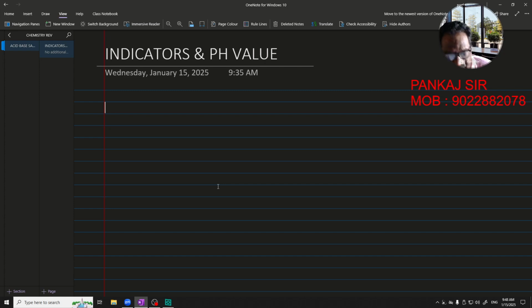So what is a pH value? The pH value is something which will tell you about the nature of the solution that you are dealing with.